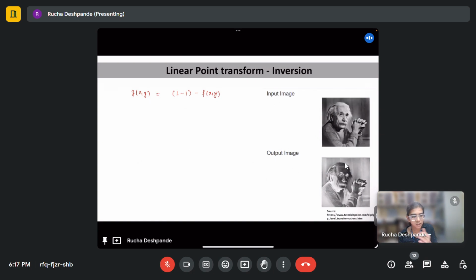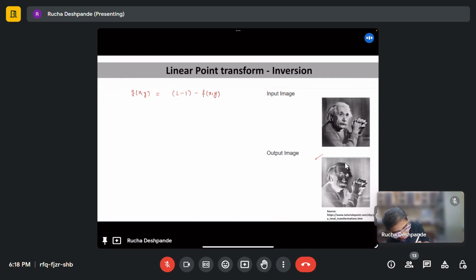In case of inverse operation, the brightest pixel becomes darker and the darkest pixel becomes brighter. During photography, you must have seen the negatives of the images, which look like this. In that, this inverse operation takes place.